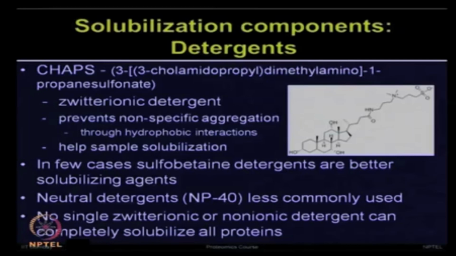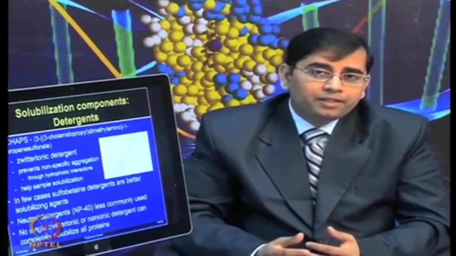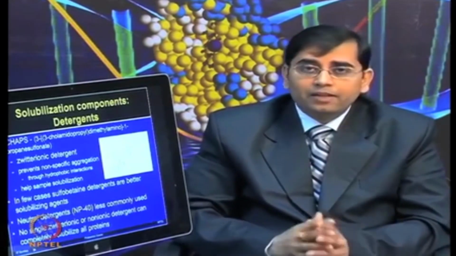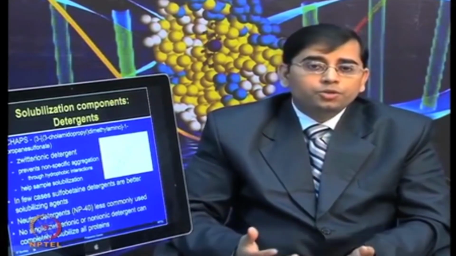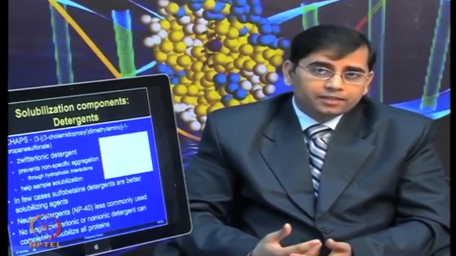So, one cannot provide a list of the most effective solubilization agents. No single zwitterionic or non-ionic detergent can completely solubilize all proteins. So, depending upon your sample type, and if you know your sample is rich in a specific type of protein, you need to try different detergents.